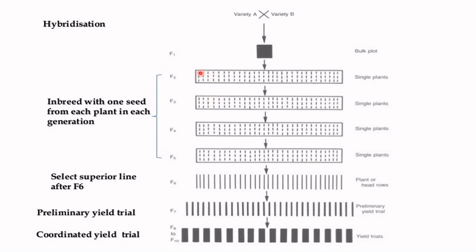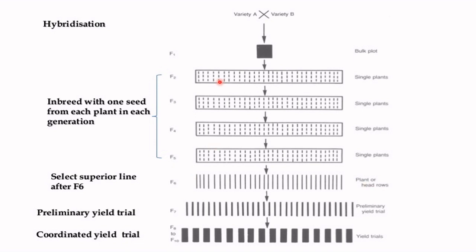We are going to sow only one seed into the next generation and not going to sow any more than that. We're not going to multiply. Because of this, the F2 individuals will represent the F6 generations.